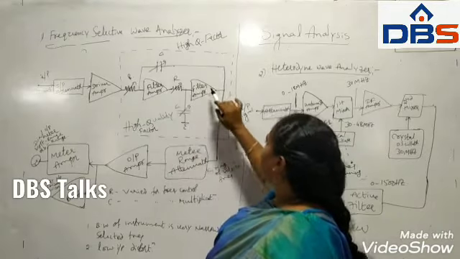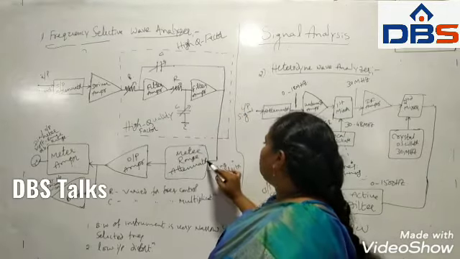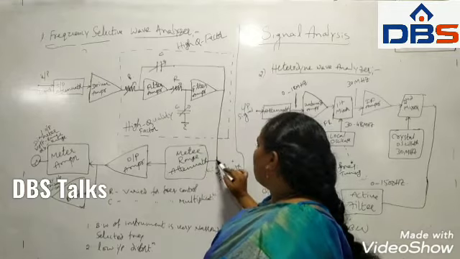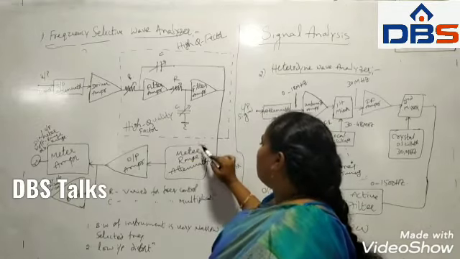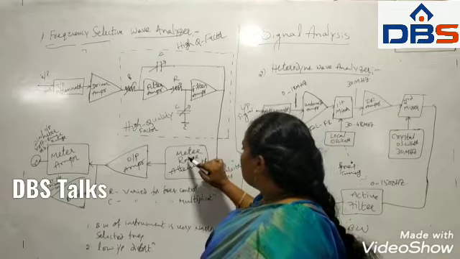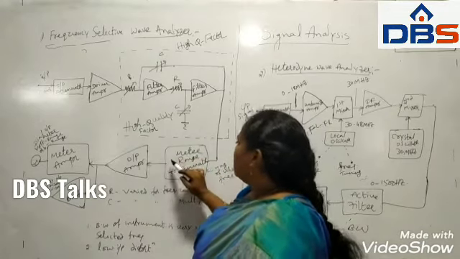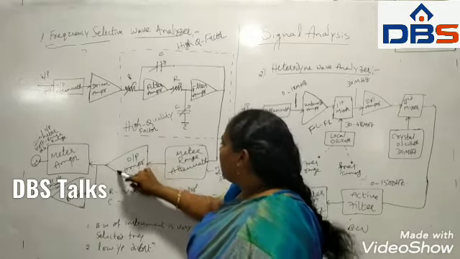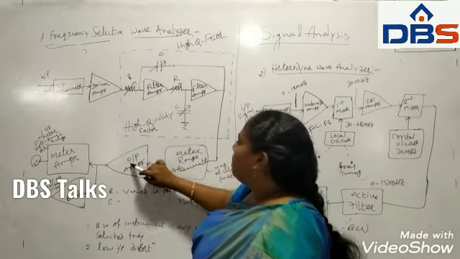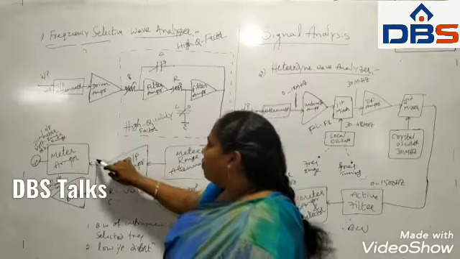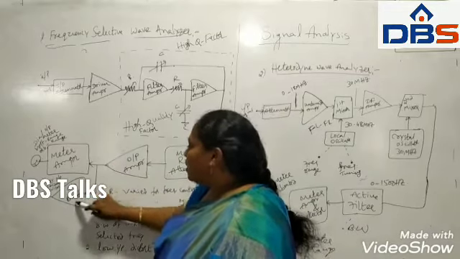From this the output comes to the meter range attenuator. If there is any amplifying needed for this signal, it will be amplified in the output amplifier, and the output we take in the buffer section.